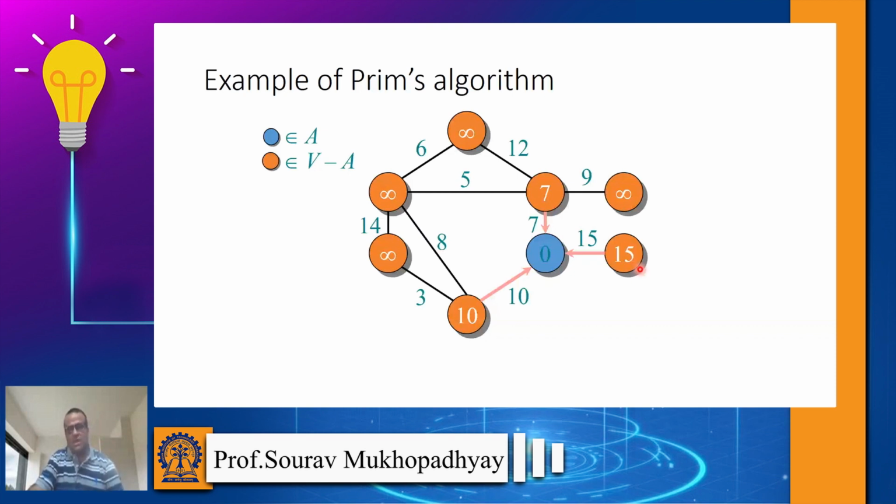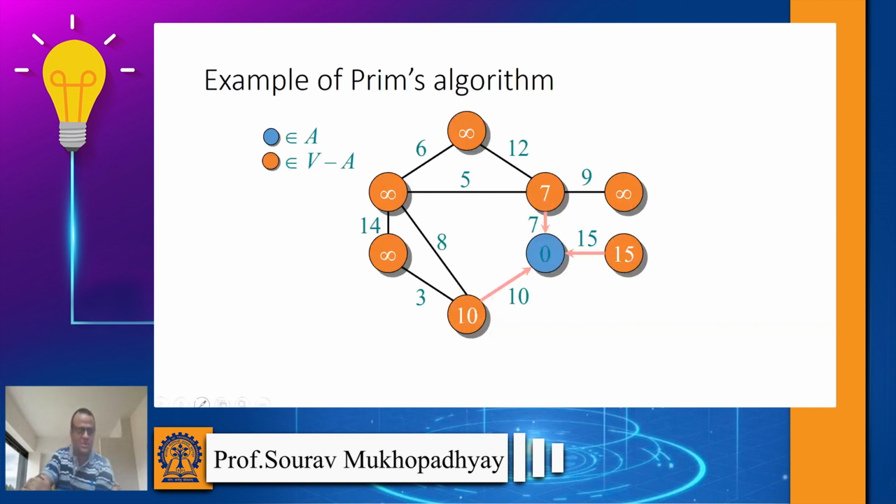Now we have to again extract to get the next vertex. We grow the tree. We start with the vertex s and slowly we grow the tree. Everybody is in Q, A complement except these vertices. If we extract, then the minimum is 7.